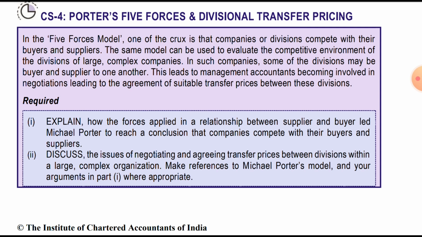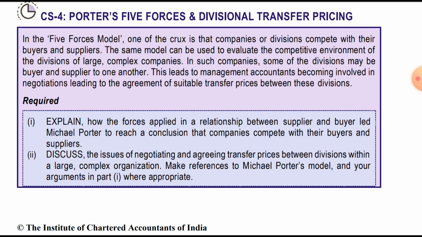In some companies, some of the divisions may be the buyer and the supplier to another. One division selling would be the seller, and the one purchasing would be the buyer, so there is a buyer and seller relationship between two divisions. This leads to the management accountant becoming involved in the negotiation.